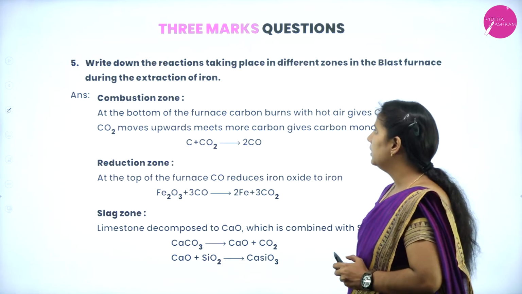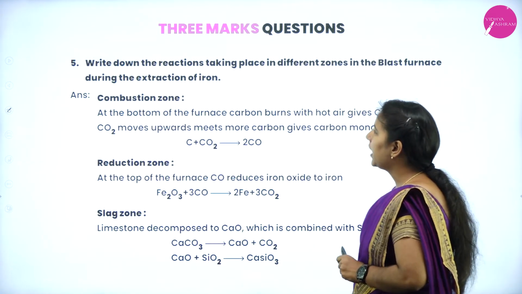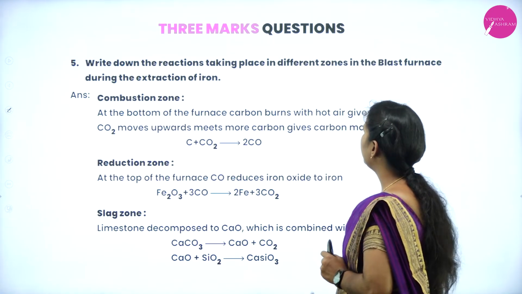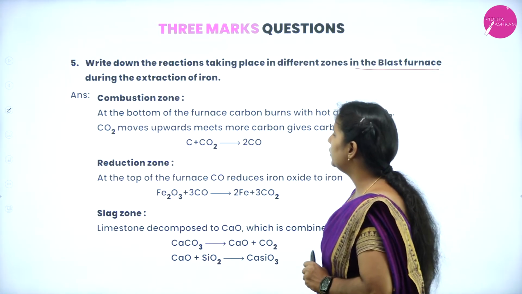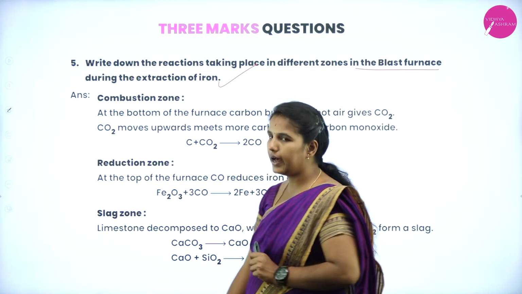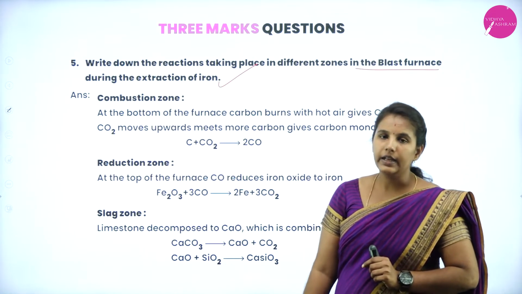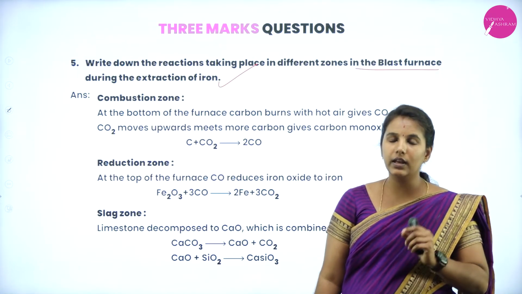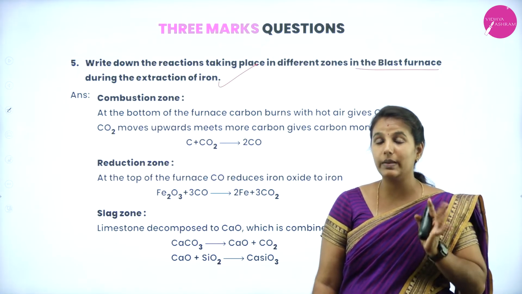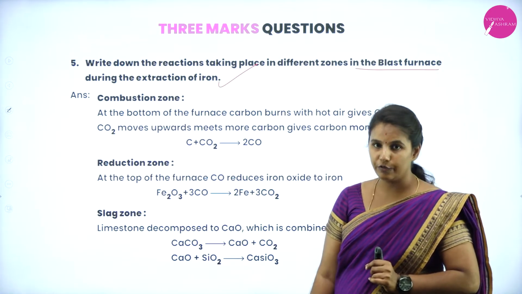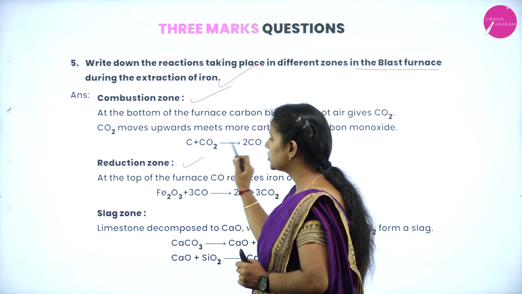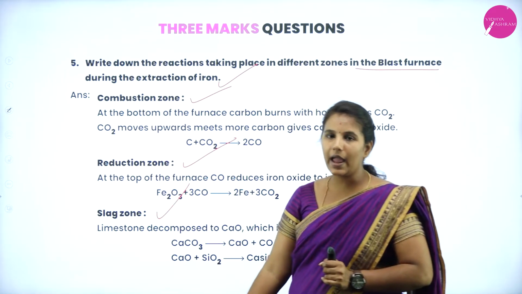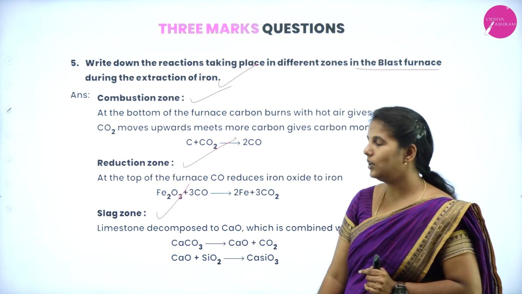Next question. Write down the reactions which take place at different zones of the blast furnace during the extraction of iron. We know that in the extraction of iron, 3 zones are created in the blast furnace: the combustion zone, the reduction zone, and the slag zone, or slag formation zone.